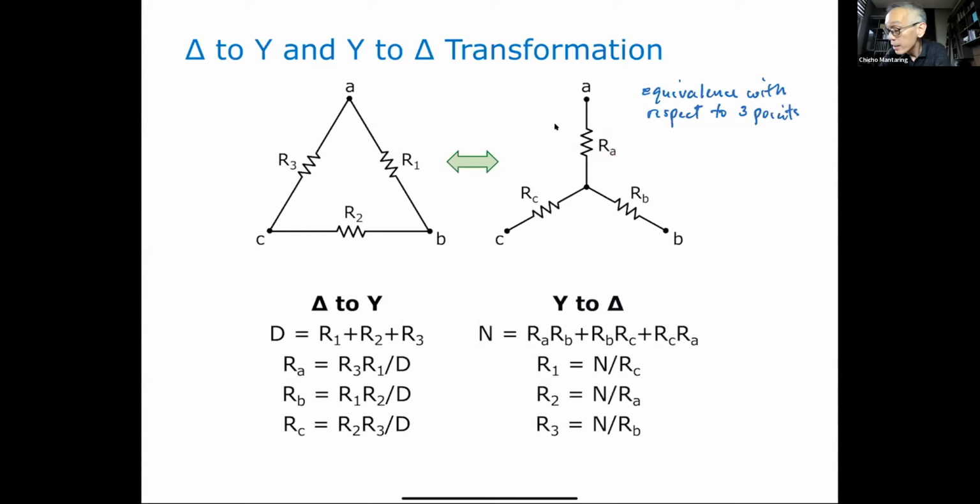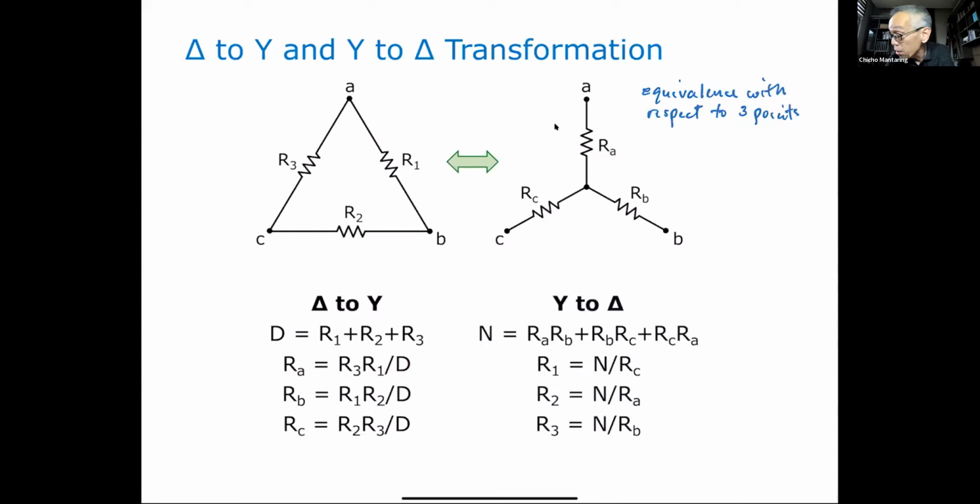So this is RA. My numerator is going to be the resistor connected here and the resistor connected here. So that is R1 and R3. So RA is R1 R3 divided by my denominator, which is the sum of all resistances.